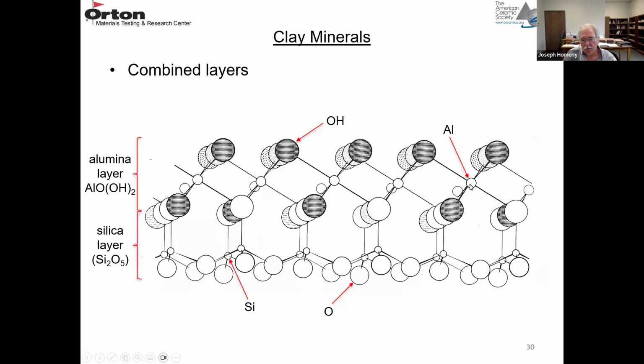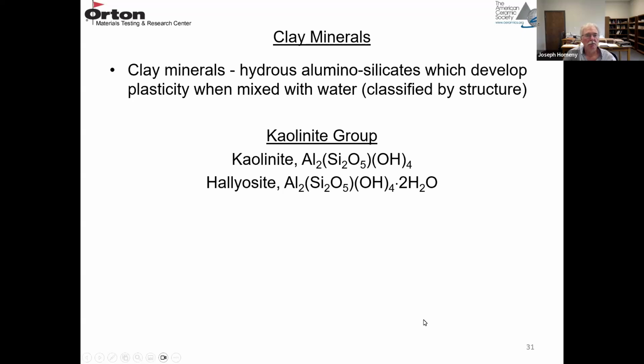These intermediate open circles are aluminum. All the shaded circles are OH groups. So you can see the silicon tetrahedrons, the aluminum octahedrons, and they're joined through these oxygens. So this is a clay structure, kaolinite, with 1 silica and 1 aluminum layer. This would be the side view of that structure.